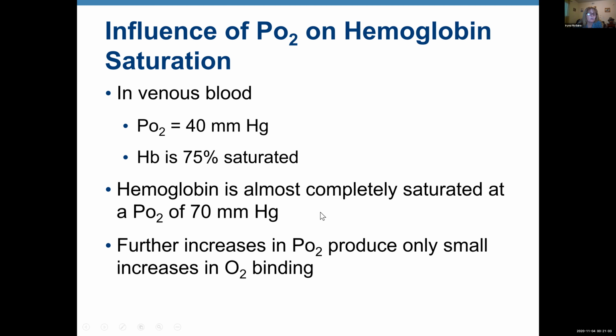So hemoglobin is almost completely saturated at partial pressure of 70, and a further increase in partial pressure produces only a small increase in oxygen binding. That means we're pretty much good when our pressure is 100, and even when pressure is 40, almost all hemoglobin still carries oxygen.